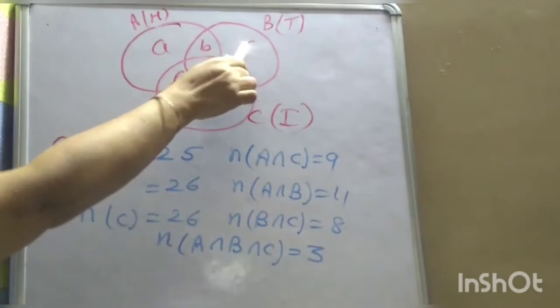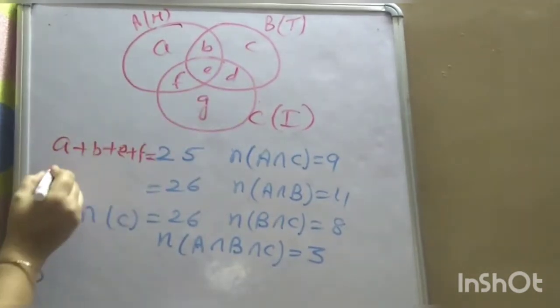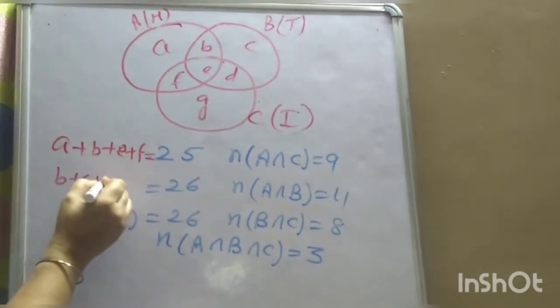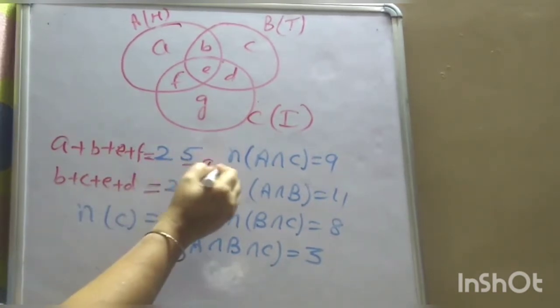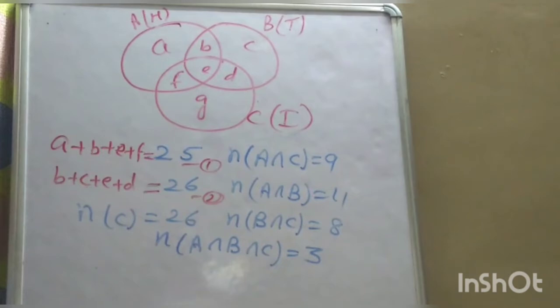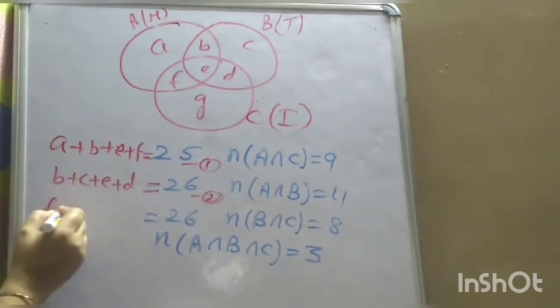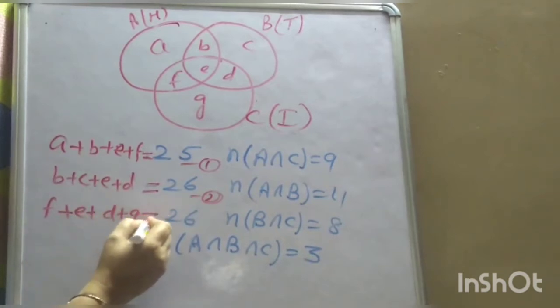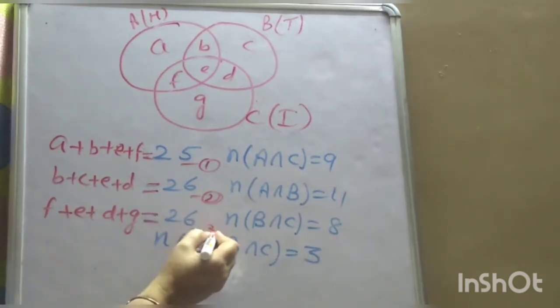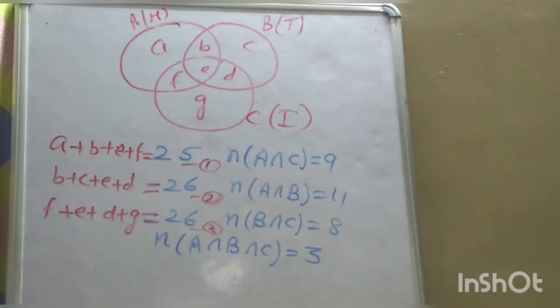It means B plus C plus E plus D is equal to 26. This is equation number 2. Now number of elements in C is equal to 26. It means F plus E plus D plus G is equal to 26. This is equation number 3.